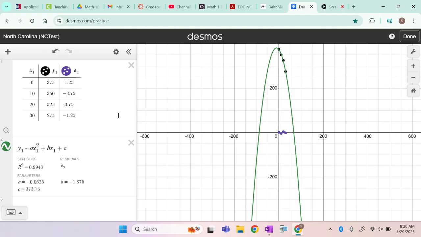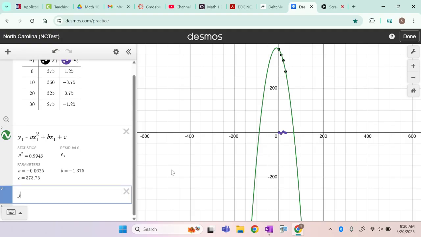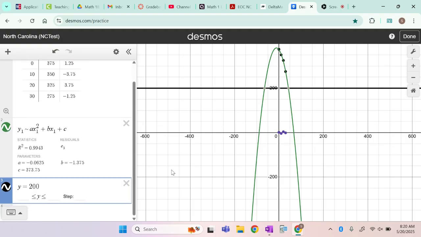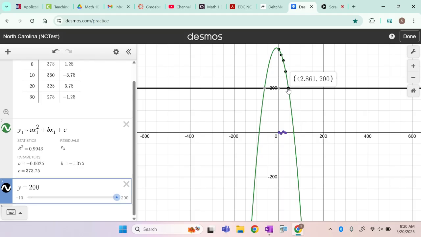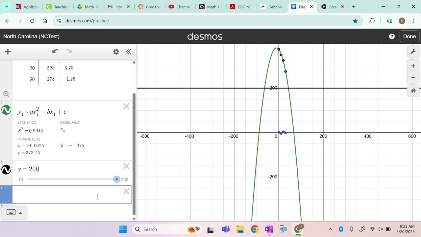What you would do is, in a separate cell, type in y equals 200, and then find the points of intersect and use the x values. You can do the same thing if they say, what will be the y value when x is equal to, let's say, 4? You type in x equals 4 and find the point of intersect.